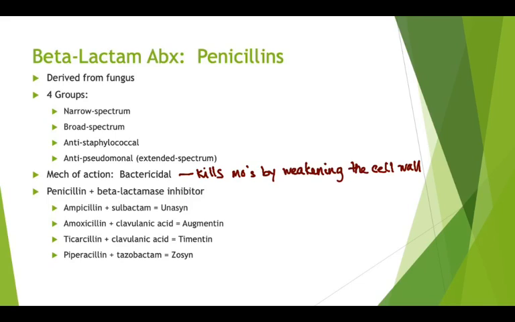They have narrowed them down to 4 groups: your narrow spectrum, your broad spectrum, your anti-staphylococcal, and your anti-pseudomonal, which becomes more of an extended spectrum. Those are your 4 groups of penicillin.